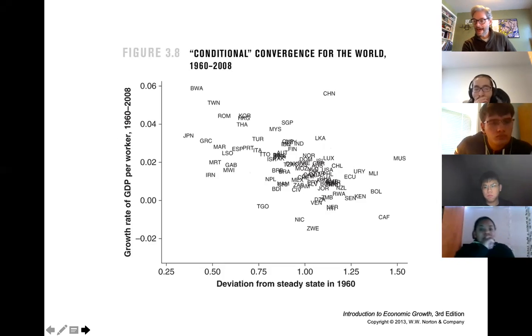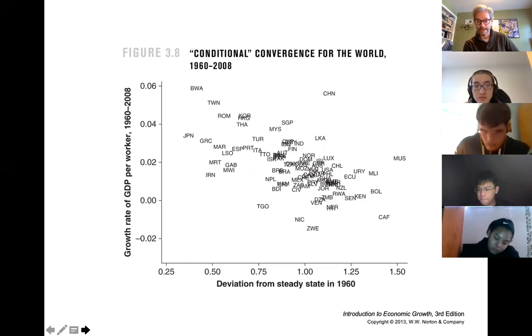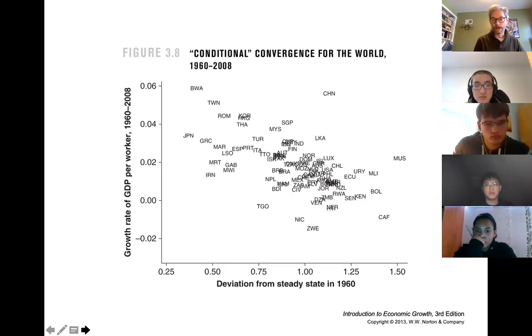So the horizontal axis is looking at that ratio I talked about, the ratio of actual to predicted. I'll get that straight. So notice here, a country that's at 1 is right at their balanced growth path. A country that's less than 1 is below their balanced growth path, according to this model, and a country that's above 1 is above their balanced growth path, according to this model.